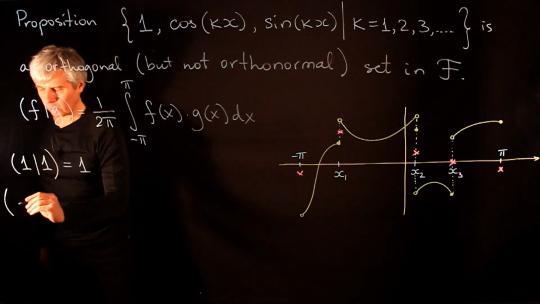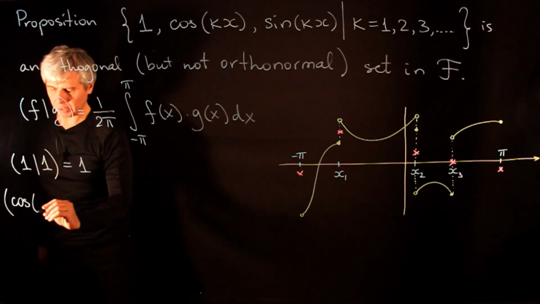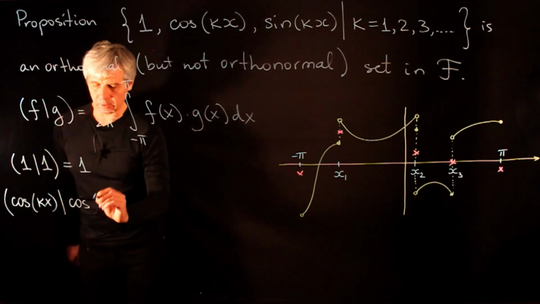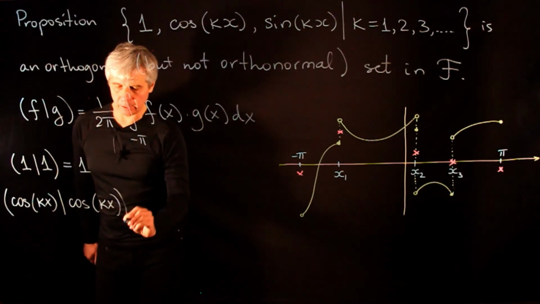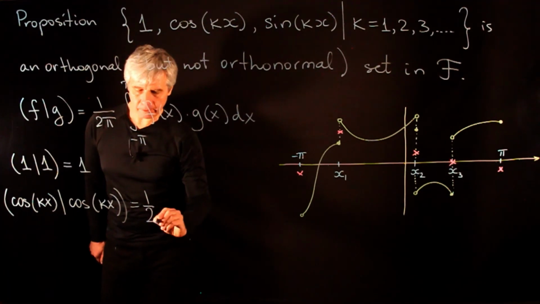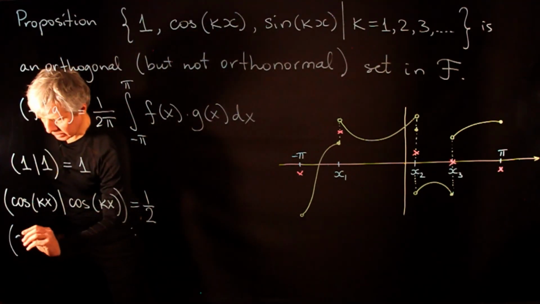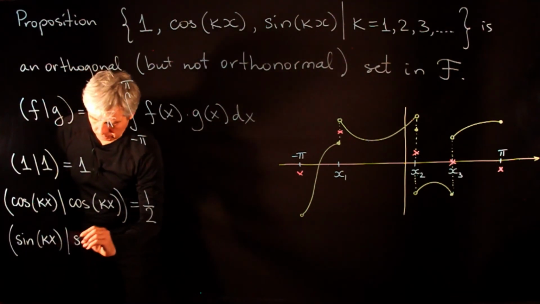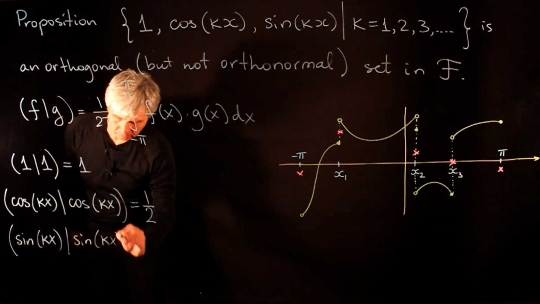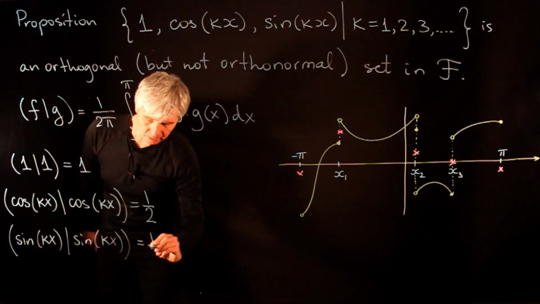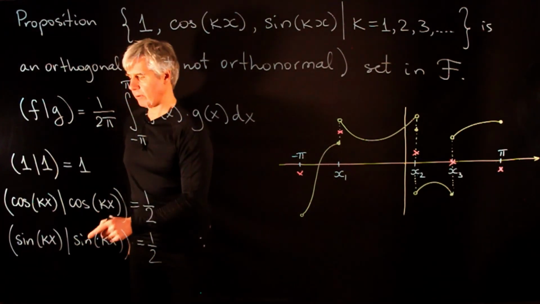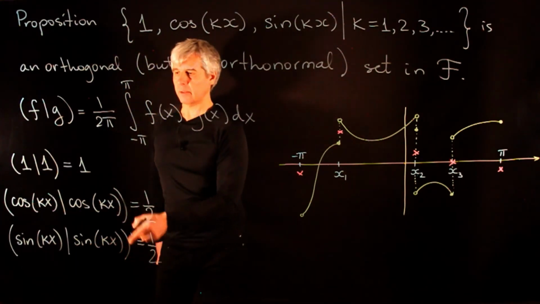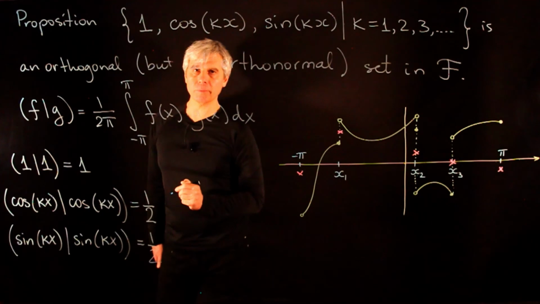But for all cosine functions, if we take cos of kx with itself, then this will be 1/2 for all k, and the same for sine of kx. And if we take different functions, for example, cos of 3x with sine of 2x, then the value of this integral will be 0.